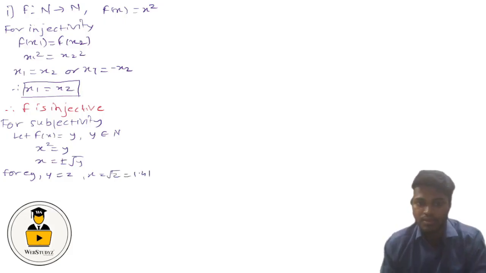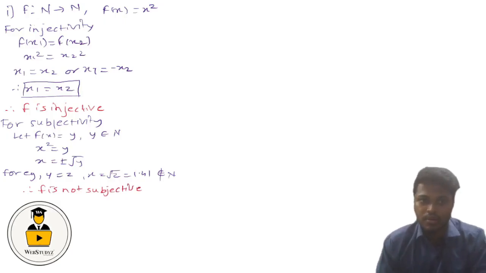But our x belongs to the natural numbers and 1.41 does not belong to the natural numbers. So for every value of y we do not get a value of x, therefore we can say that f is not surjective.